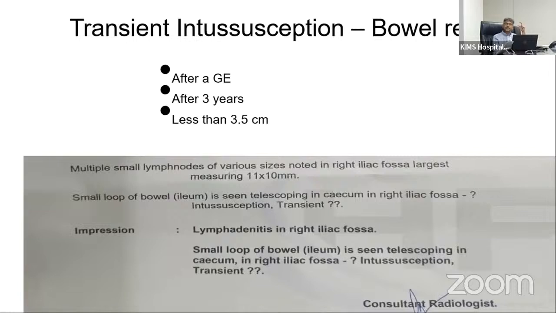If he says it is less than 3.5 centimeters, I consider it a small bowel intussusception, so it is going to be transient. It can be seen in some scans; if the patient's luck is different, he will see it on both scans and find a small bowel intussusception. It doesn't mean that we have to go in for surgery. For transient intussusception, simple bowel rest is enough.